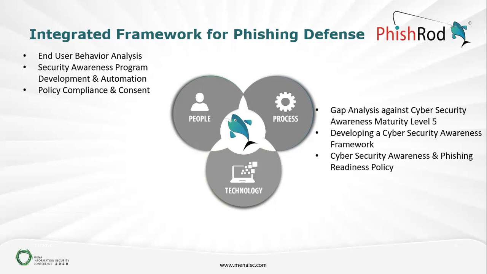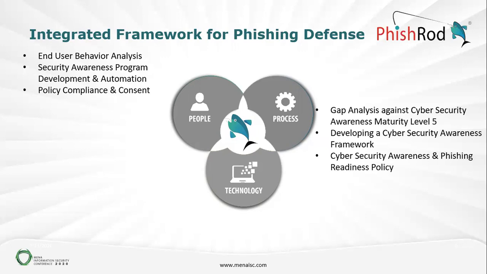Then the process part. From a process point of view, we do understand that any organization puts in a lot of investment in terms of developing a lot of standards, a lot of policies. But here I'm going to focus on a few standards that purely talk about this phishing part, this awareness part. For example, there is an outstanding standard that I would like to recommend all of my audience to go through, which is the SANS Cybersecurity Awareness Maturity Model.